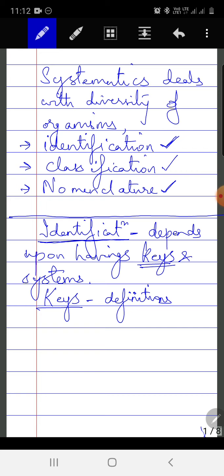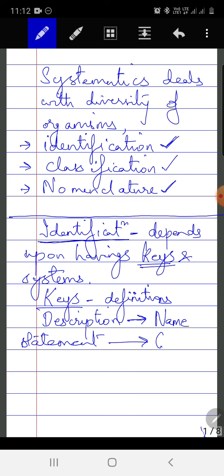So basically there is a description leading to a name, or you can say there is a statement leading to a conclusion.